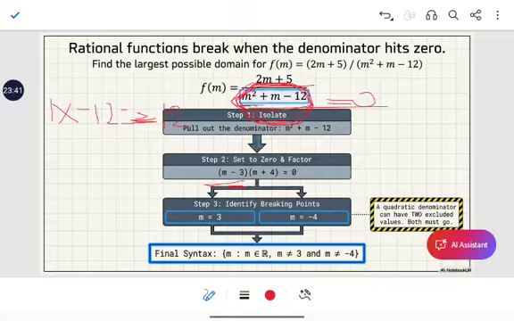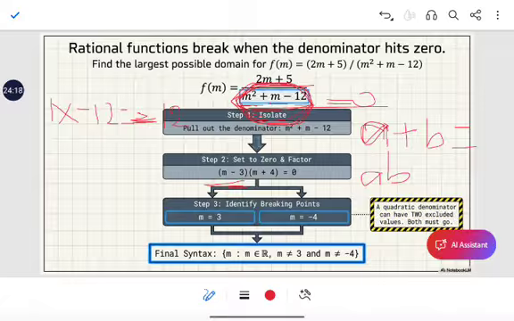Good. Now we are going to compare the m and the negative 12. Please remember, when we are trying to find the expression, we said that the sum of the factors and the product of the factors.